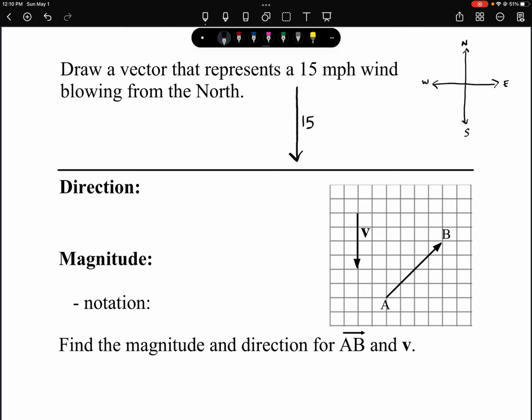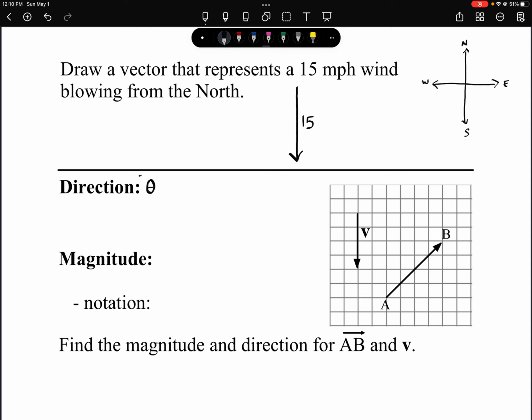Okay, so let's talk a little bit about direction and magnitude. Direction basically is going to be, we're going to treat it like it's an angle, and we're going to be measuring it from the standard position. So let's just record that down here.